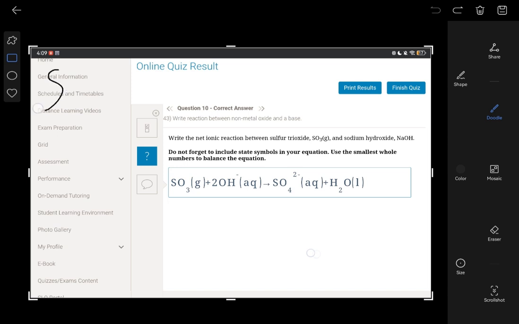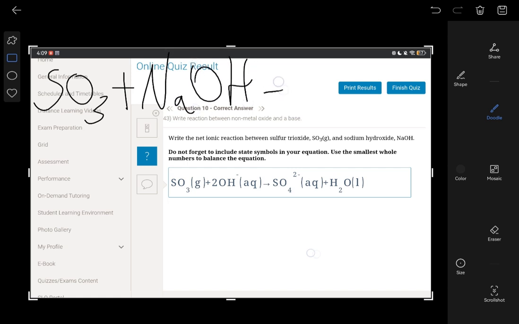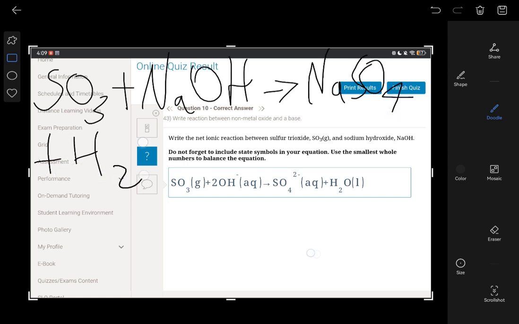So it's SO3 plus NaOH gives you a sulfate salt, NaSO4, plus H2O. And then you have to balance it.